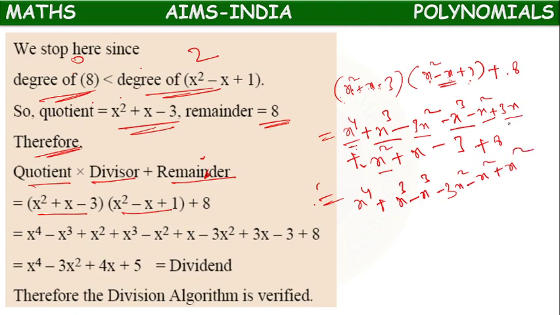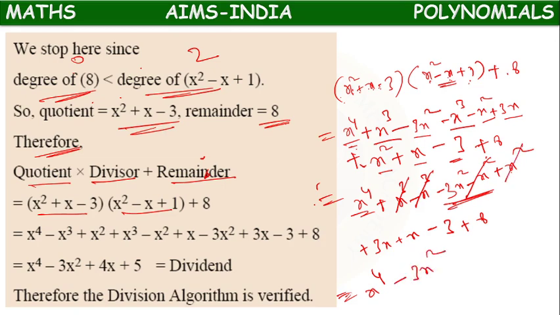Next, x terms, plus 3x plus x. Plus constants, minus 3 plus 8. So x power 4, only one term, it will be the same. Plus x cube minus x cube cancel, no need to write. Minus x square plus x square cancel, minus 3x square remaining. 3x plus x is 4x, minus 3 plus 8 is plus 5.